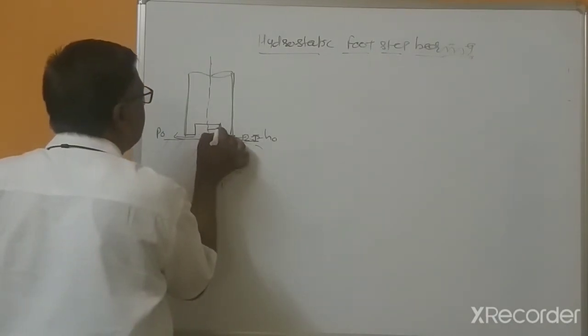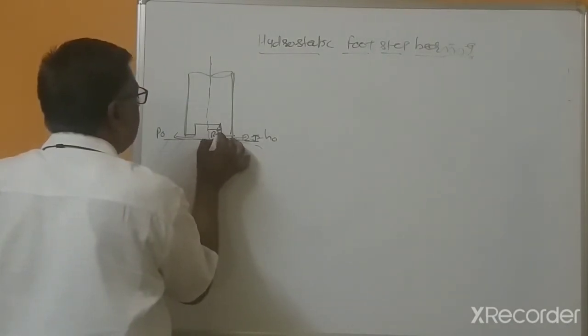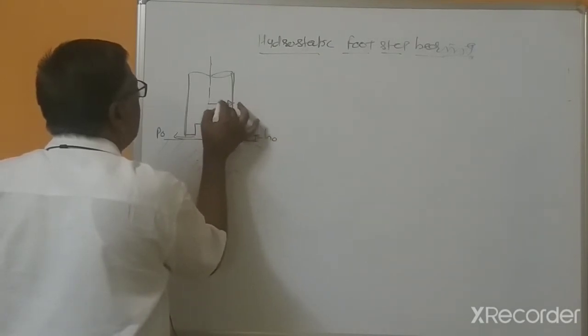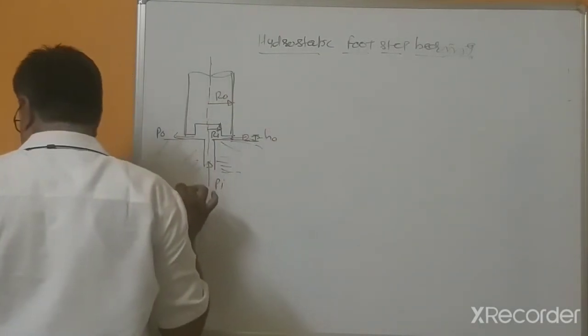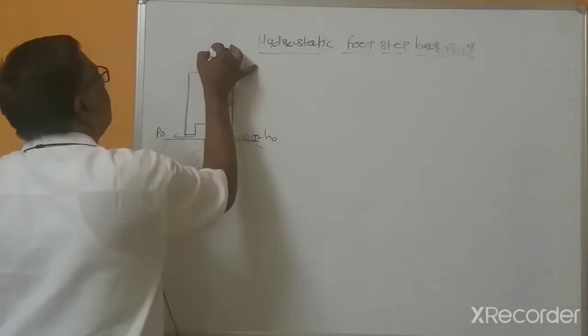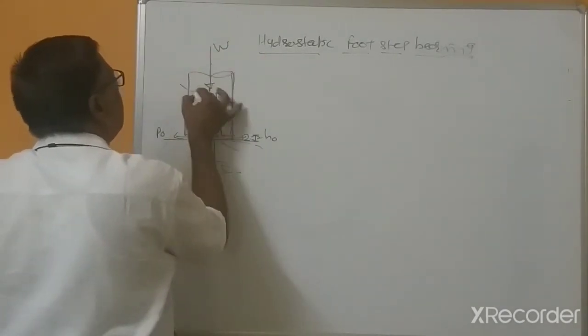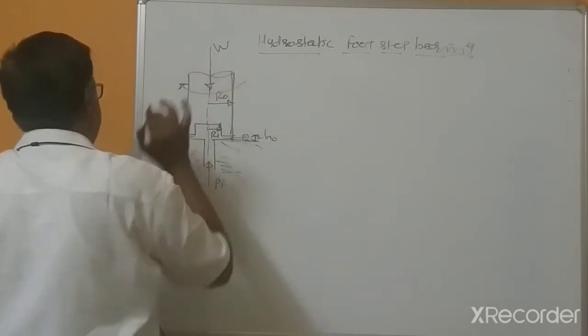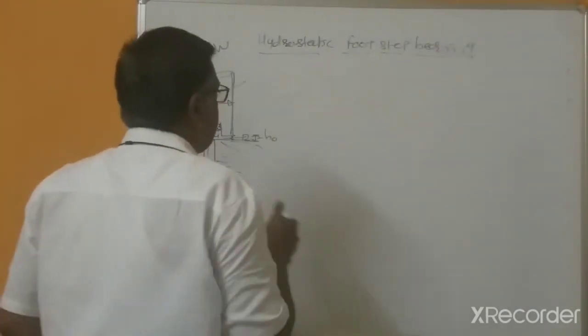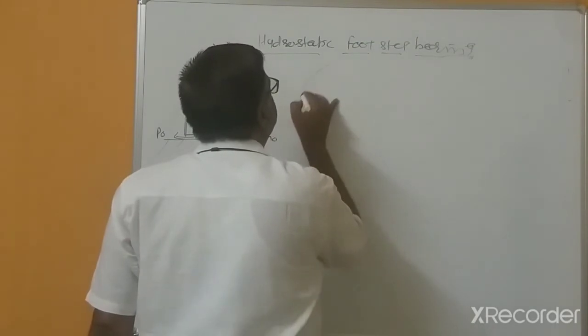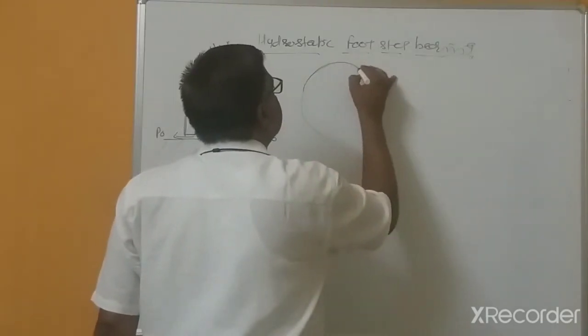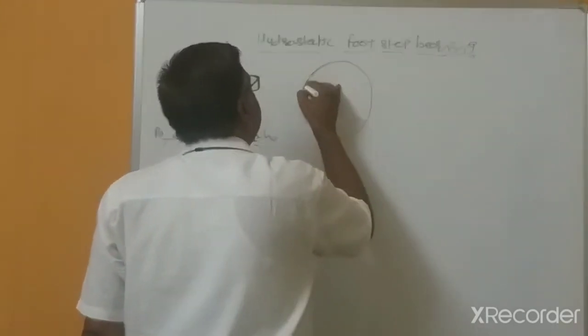This is RI and this is RO. This is the thrust load, and suppose the shaft is rotating likewise. In this case, the distribution of pressure over the bearing we will see.